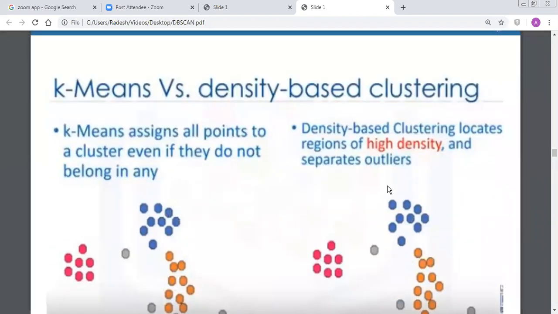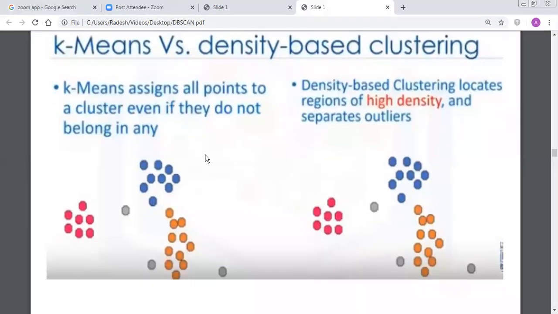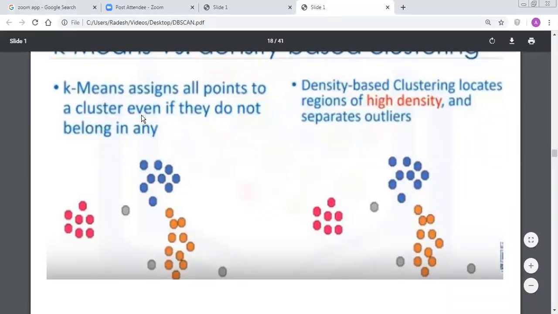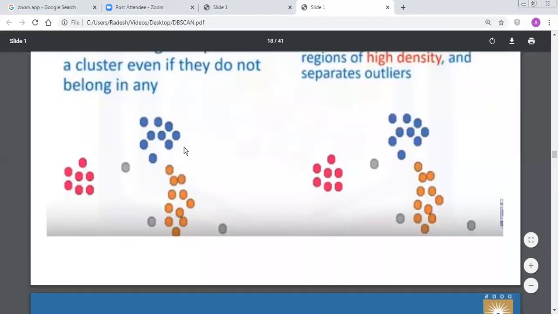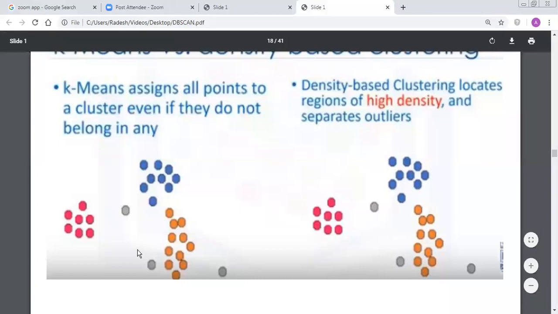So k-means versus density based clustering. K-means assigns all points to a cluster even if they do not belong in any. Here is the important statement to understand: k-means assigns all points to a cluster even if they do not belong in any. You see here a few of the points represented in the gray color.